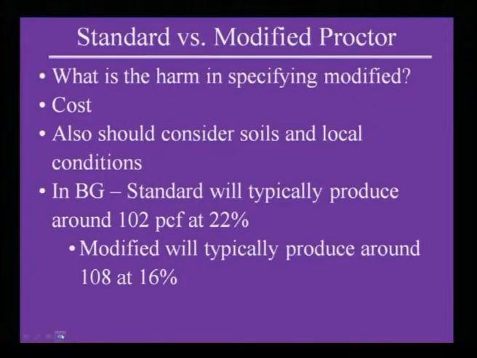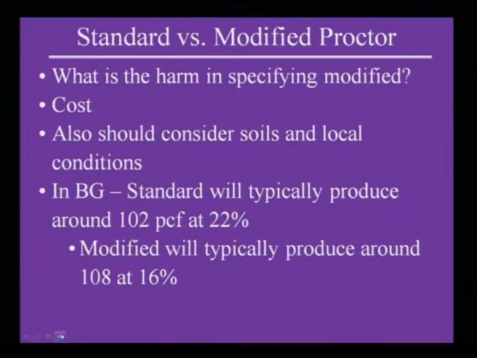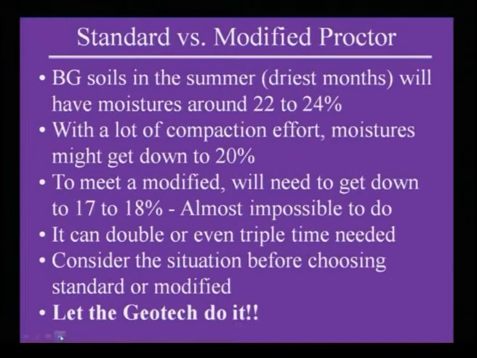Also consider soils and local conditions. Standard will typically produce, in typical soil, around 102 pounds per cubic foot at 22%. Modified will typically produce around 108 at 16% moisture content. With a lot of compaction effort, moisture might get down to 20%.